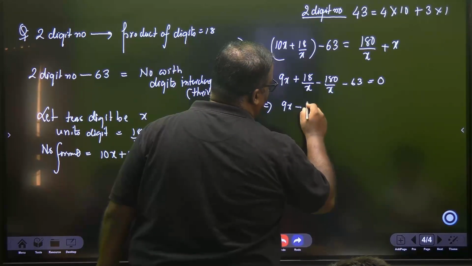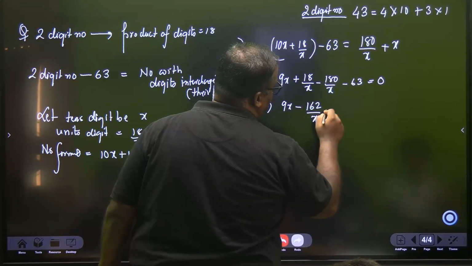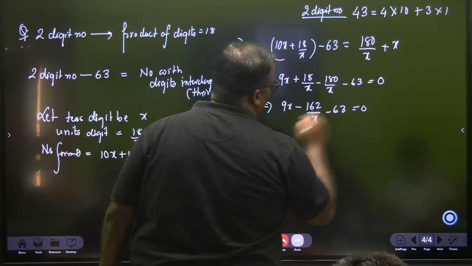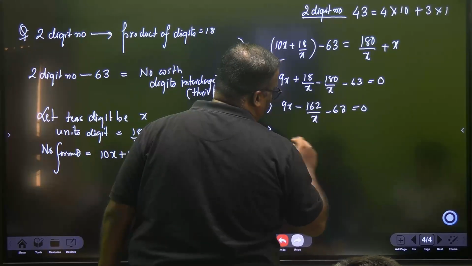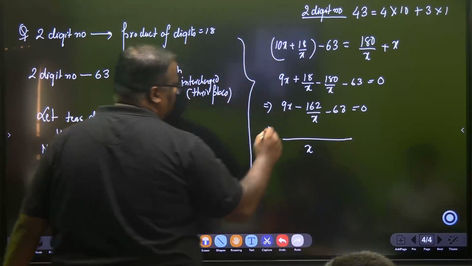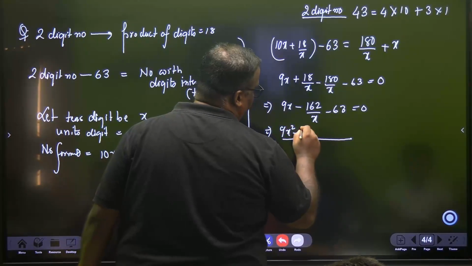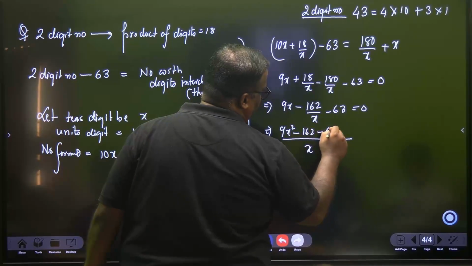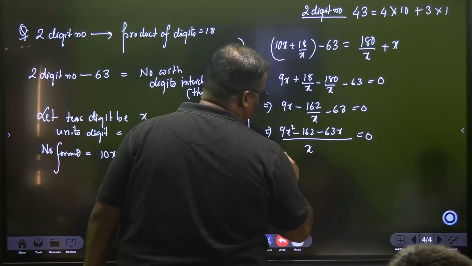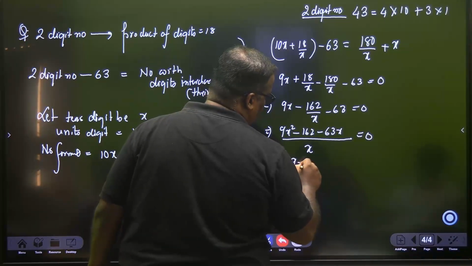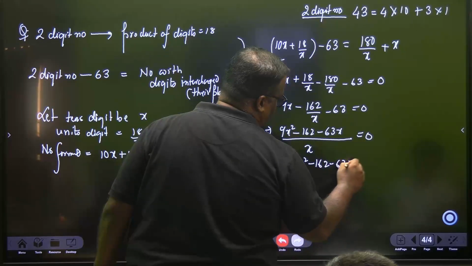This is negative 162 by x minus 63 equal to 0. Now you can take x as your denominator. This becomes 9x square, this retains as 162, this becomes 63x is equal to 0. So finally your equation is 9x square minus 162 minus 63x is equal to 0.